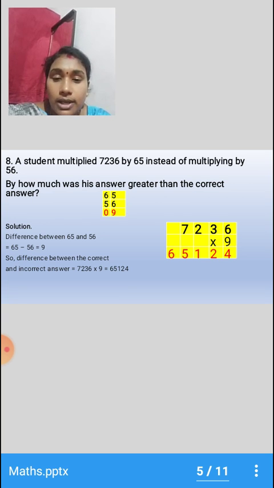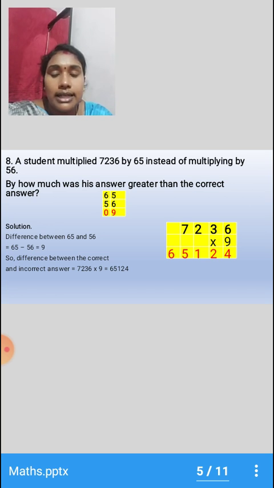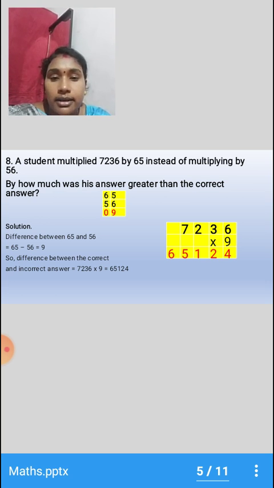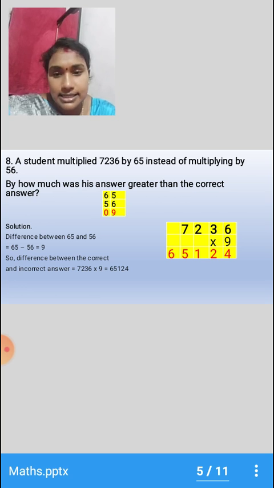So how will you find out? Write down the number 7,236 and multiply that with the number 9, which is the difference between 65 and 56.